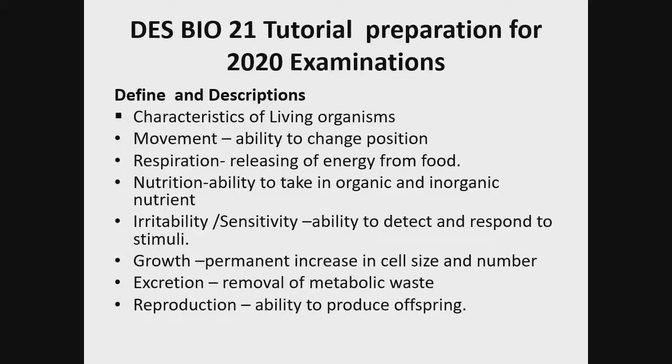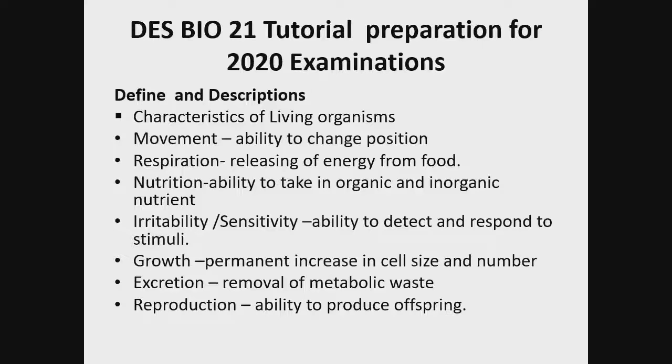Obvious. We see animals detecting sound and different stimuli, and they respond to it either by moving toward it if the stimulus is pleasant, or moving away from that stimulus. Let's look at the next characteristic, growth. Growth is a permanent increase in cell size and number.